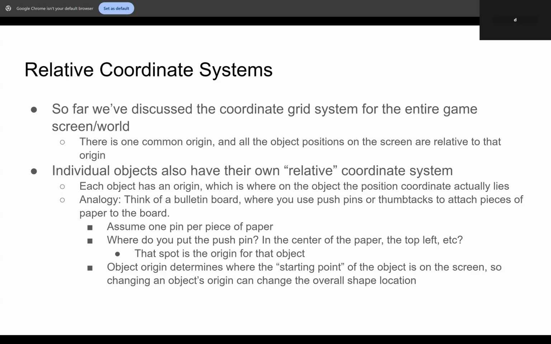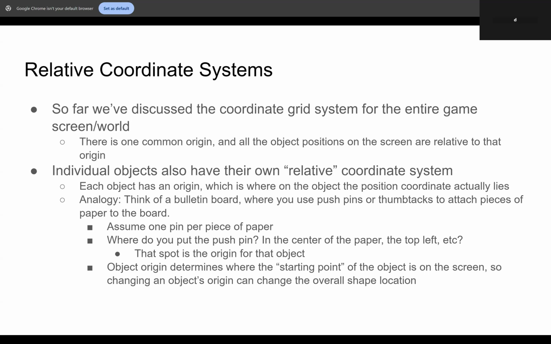The origin or the position of the paper would be where you put the thumbtack on the paper, right? So if we assume that for each piece of paper we use one push pin for each piece of paper.